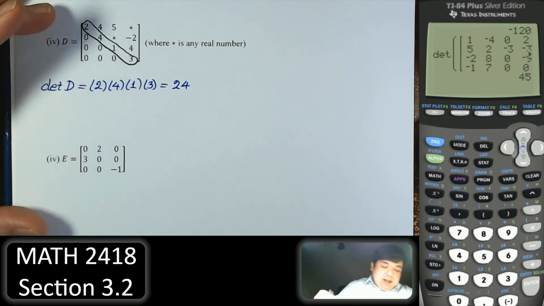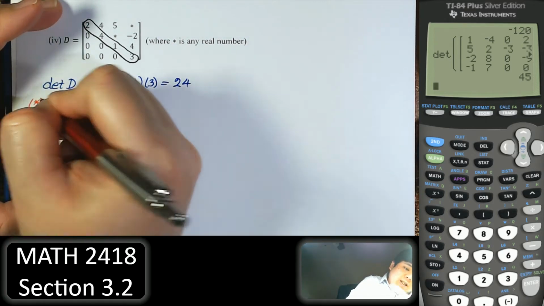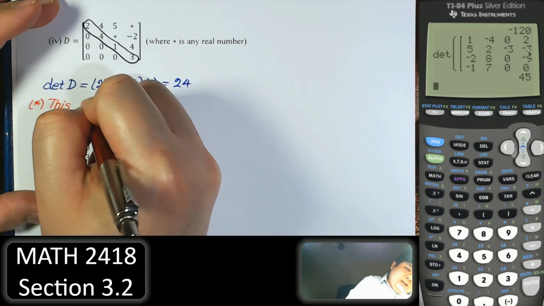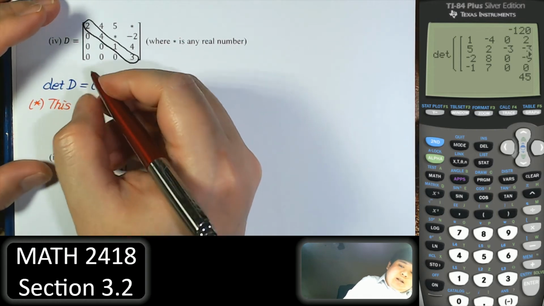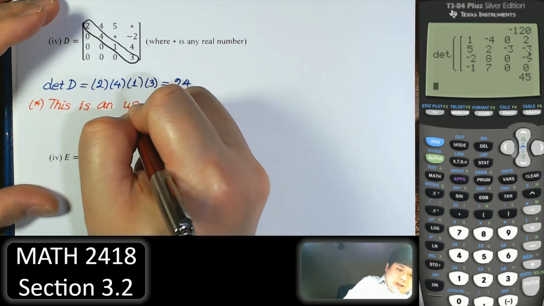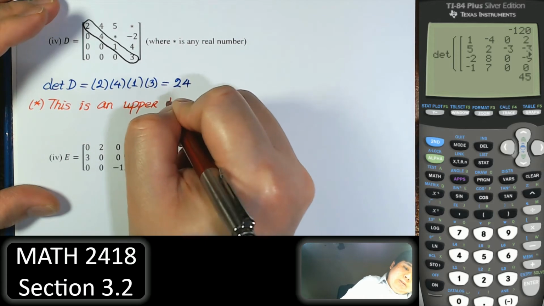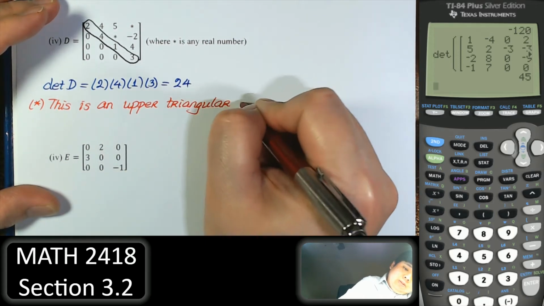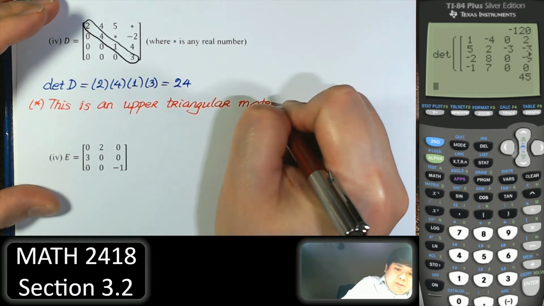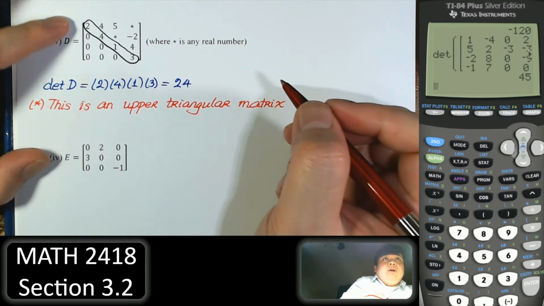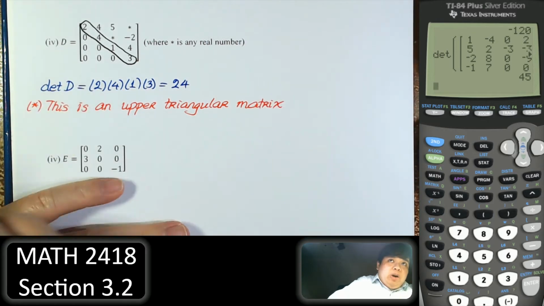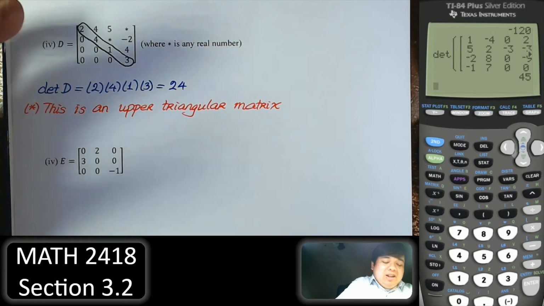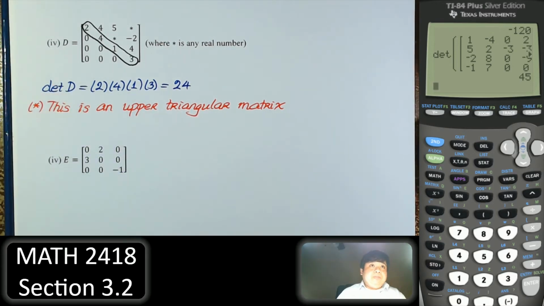Right, and I just write a little note here. This is an upper triangular matrix, therefore the determinant is the product of the diagonal entries. It doesn't matter what the star is, because it is an upper triangular matrix.